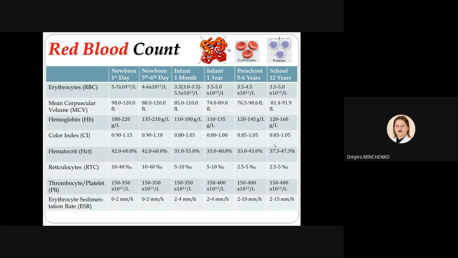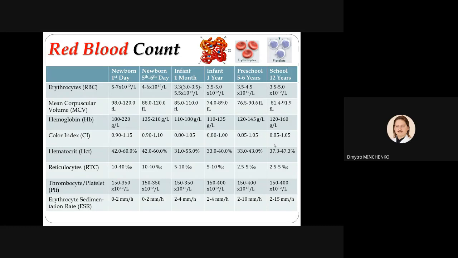We have, for reference values, children that have just been born in the first 24 hours of life, children on the fifth, sixth day of life, infants roughly 1 month old, infants 1 year old, preschoolers about 5-6 years, and school children of about 12 years.